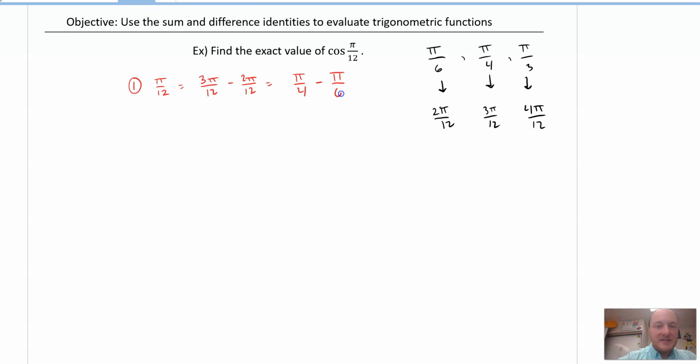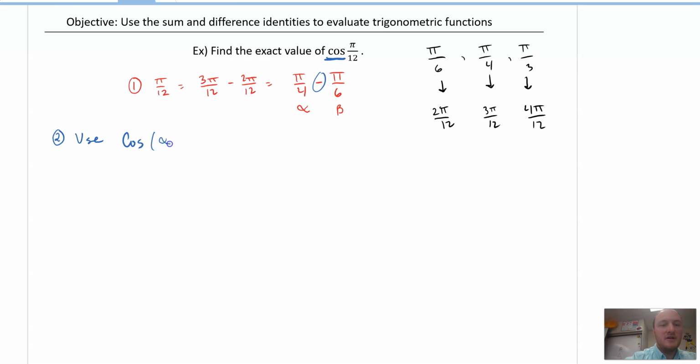minus pi sixths, okay? So I'm going to use here a difference identity, because I'm subtracting. So this is going to be alpha, and this is going to be beta. So step 2, I need to know, what trigonometric identity am I going to use? Well, because it is cosine, I'm going to use cosine, and because it is subtraction, I'm going to use the difference.